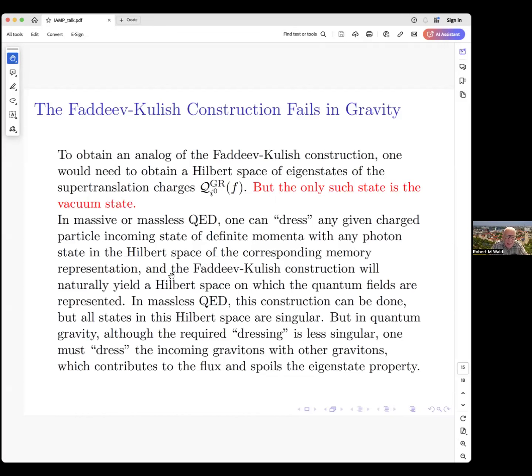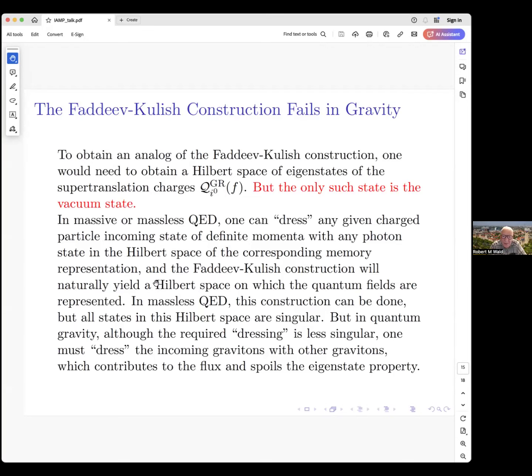Well, I might as well mention, in summary of what I've just told you in the last few slides: in the QED case, whether massive or massless, you can just dress the incoming state of definite momentum with photon states of the corresponding memory to get these Faddeev-Kulish states.